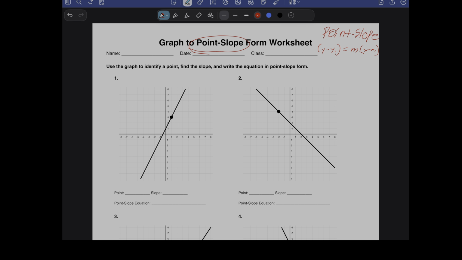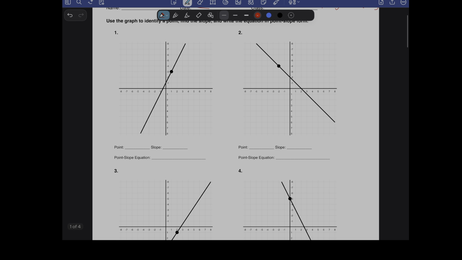All right, let's do number one. First of all, what's a point? Well, they gave us a point. The x is 1, the y is 3. So 1, 3 is a point that's on there. Well, what's the slope? Let's go off of here. Up 2 over 1, or just 2. So now here's how I put this into an equation.